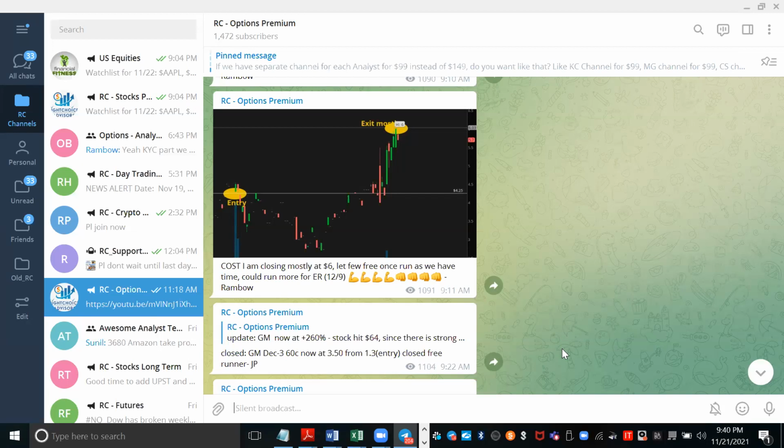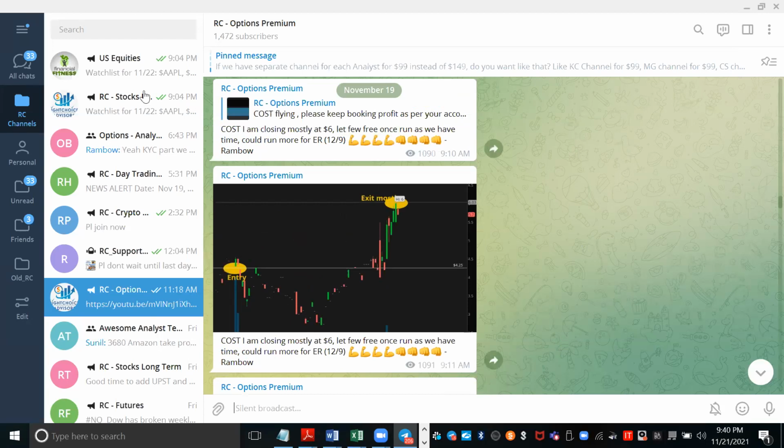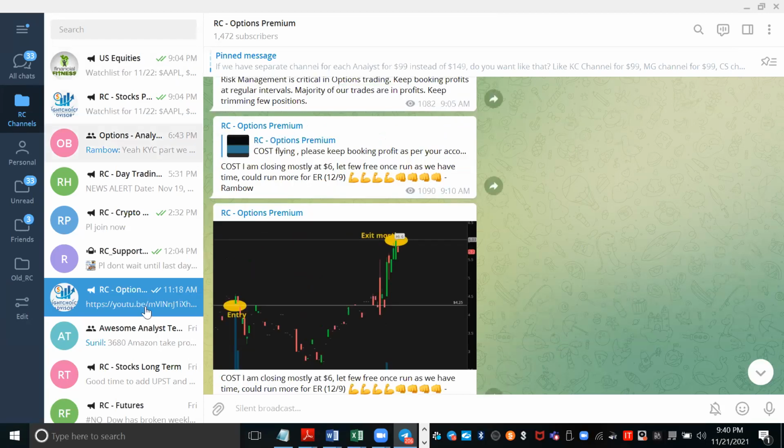And once you gain more and more experience, and you are more habituated with the tool, using the trailing stop loss and all those things, then you can get onto the scalping and other things. But basically, that is how our stocks channel and options channel are set up.